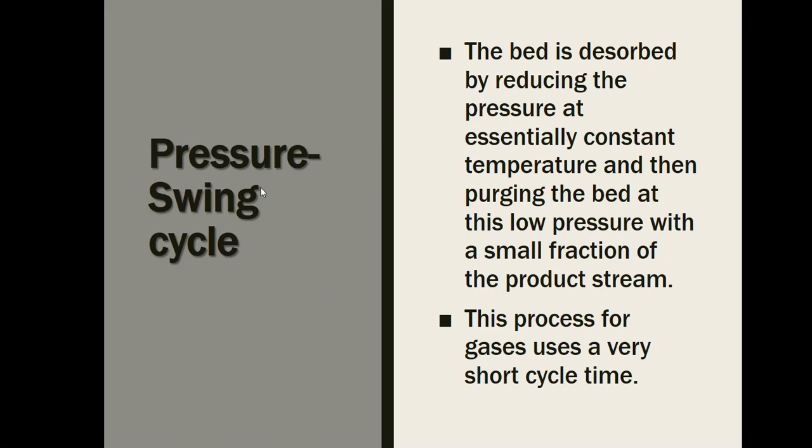The other one is the pressure swing cycle. So the bed here is desorbed by reducing the pressure at essentially constant temperature and then purging the bed at this low pressure with a small fraction of the product stream.